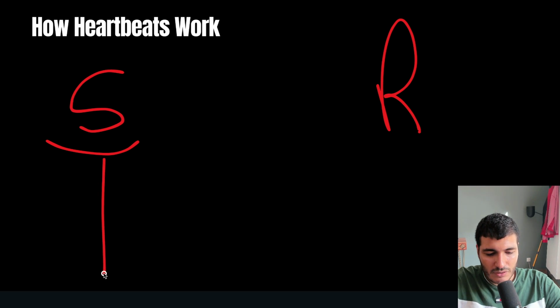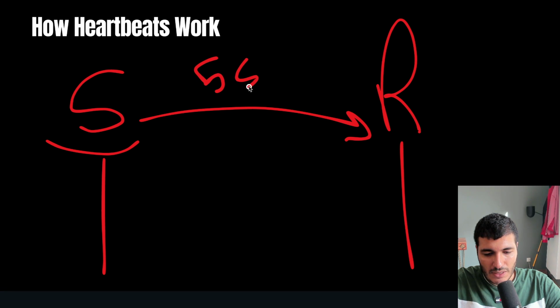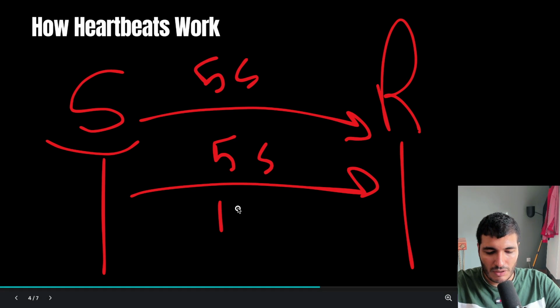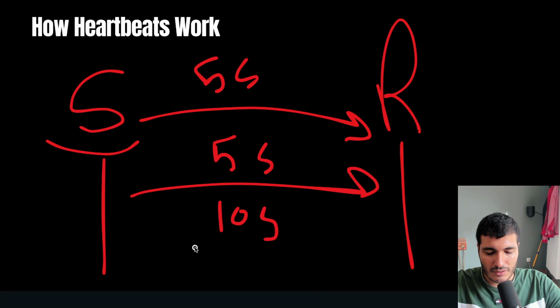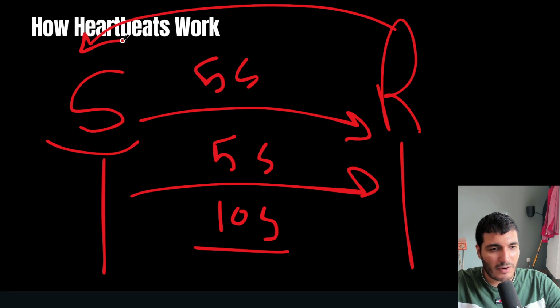So we have the sender and the receiver, and every 5 seconds the sender will send a heartbeat to the receiver. And let's assume that we have 10 seconds, and if in 10 seconds the sender doesn't send anything, the receiver will announce the server as dead or as failed.